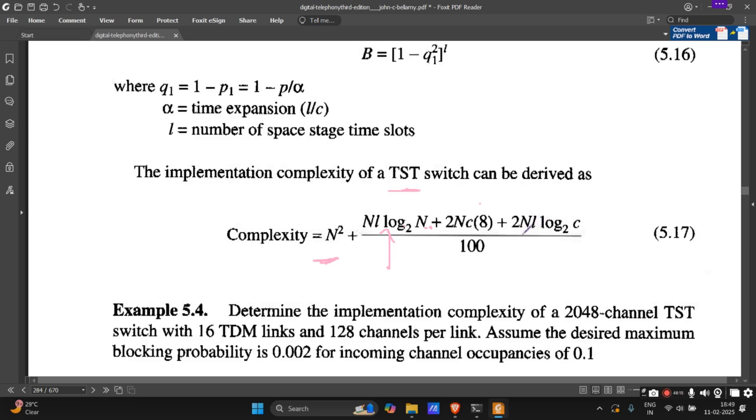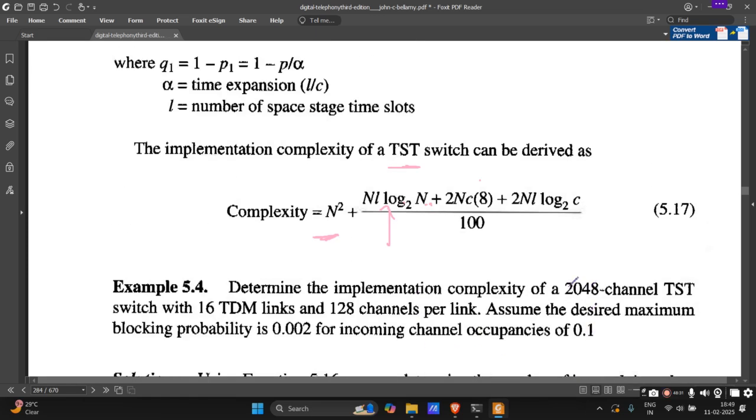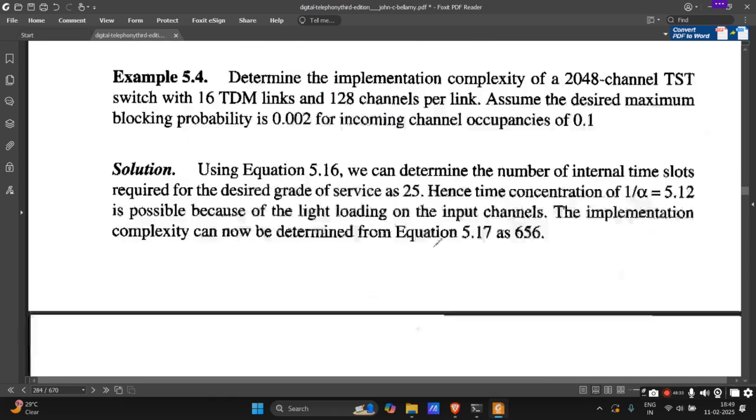And then 2 into, because there are 2 time stage switches, n into L. L is the number of time slots. N into L into log base 2 C, because C is the number of channels. So 2 into NL into log base 2 C. So this will be the TST complexity.